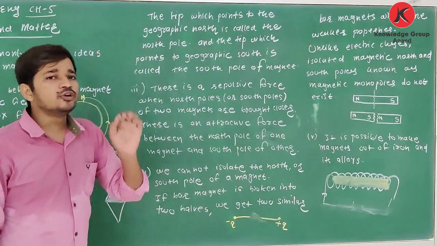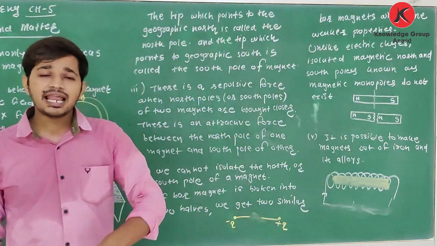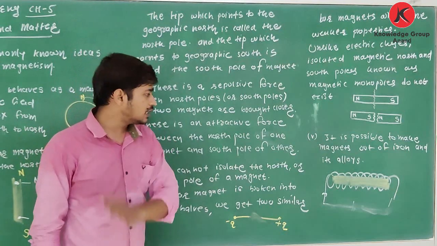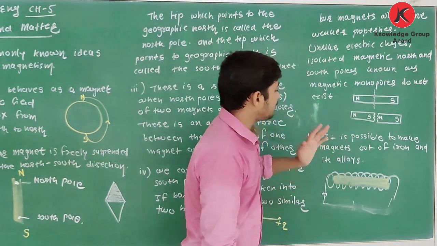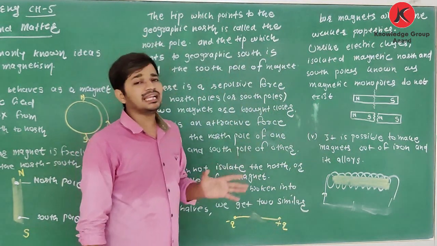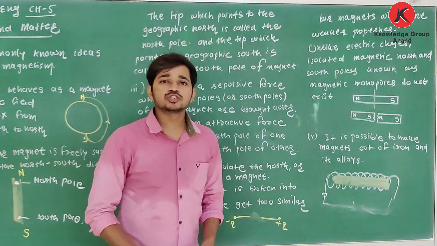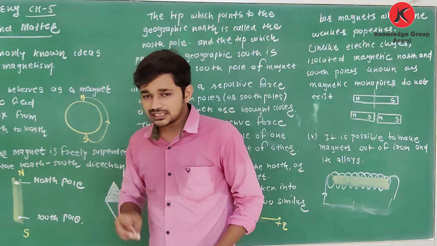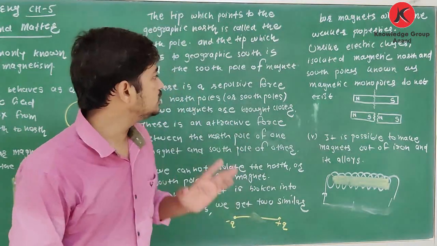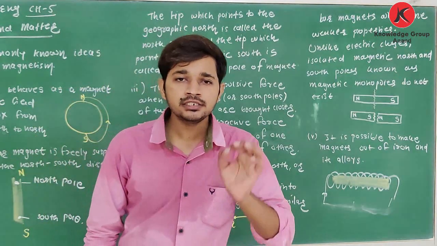Fourth, no magnetic monopoles are possible, while electric monopoles are possible. And last, it is possible to make magnets out of iron and its alloys. We will see this method in detail. So in this chapter we have to discuss each and every point in detail.